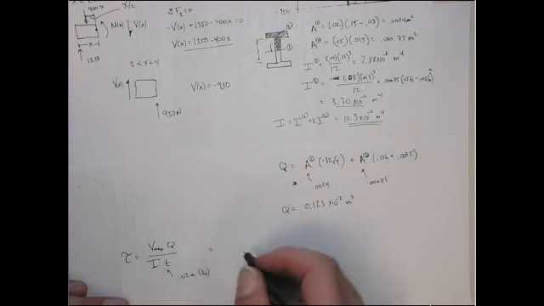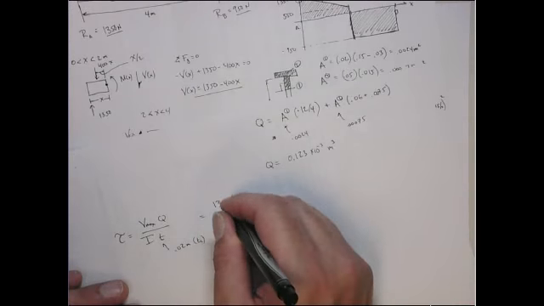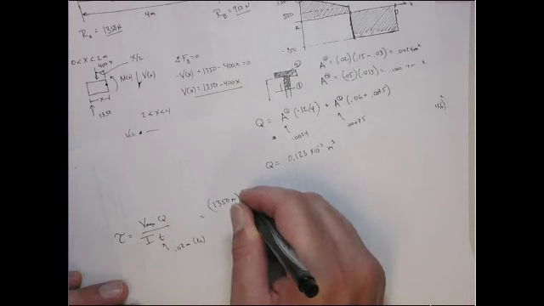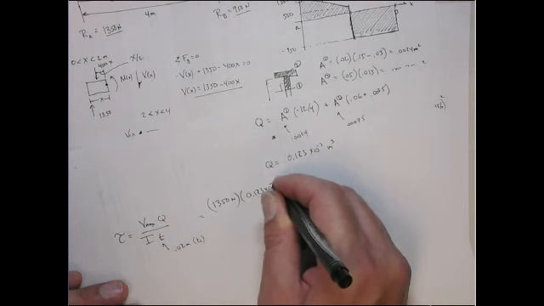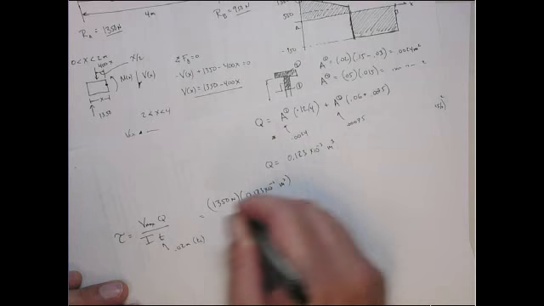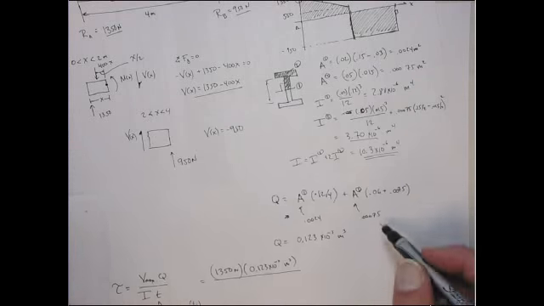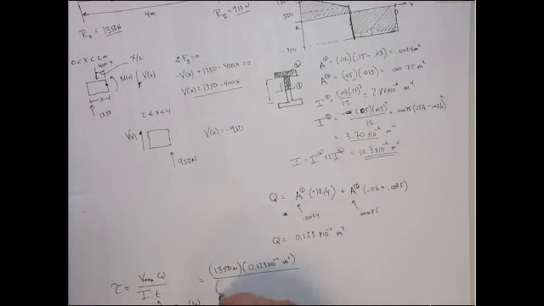So this now becomes the maximum V we got, 1350, times the Q, which is 0.123 times 10 to the minus 3rd meters cubed, over the I, which is the 10.3 times 10 to the minus 6th meters to the 4th, times the thickness, which is 0.02 meters.